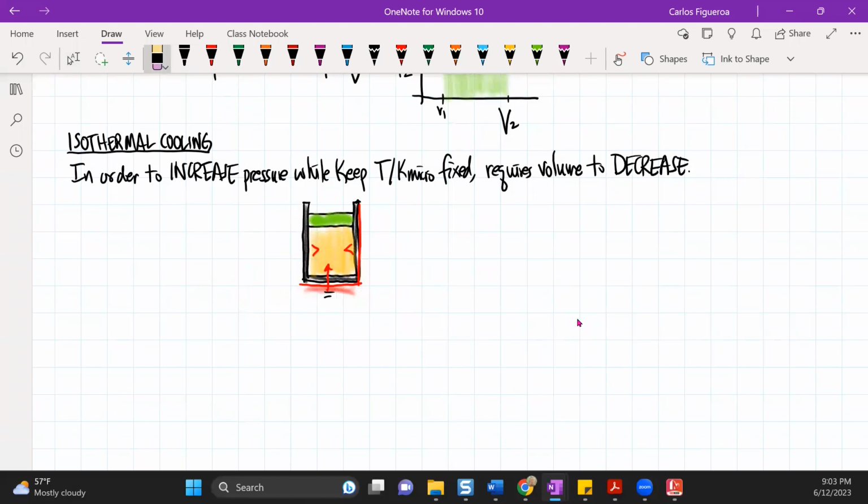So what that means here is that we have to have a cold water bath instead of a hot water bath. And this one is a little out there. So let me show you what I mean here.